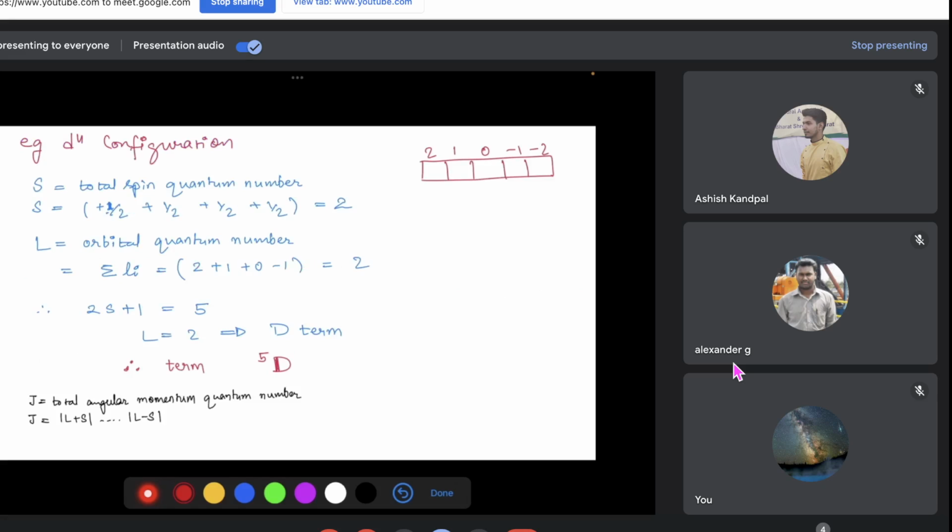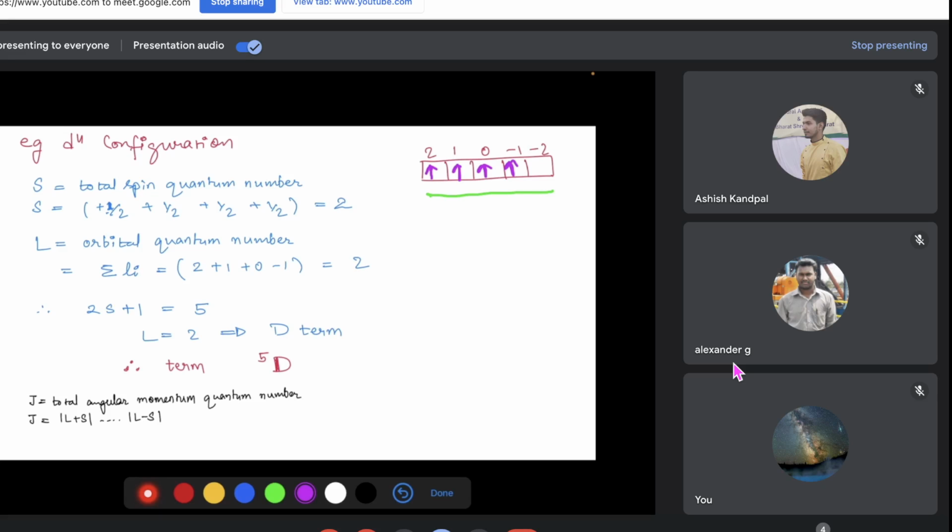Now considering the d4 configuration, we have orbitals like this. The capital S, the total spin quantum number, for 4 electrons, 1, 2, 3, 4, that is the d4 configuration, they all have the same spin, either plus half or minus half.